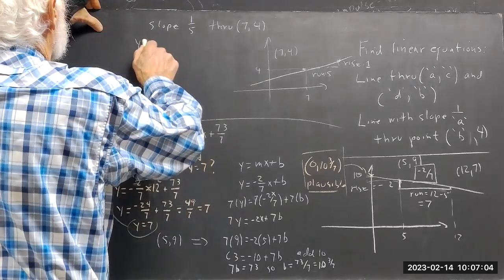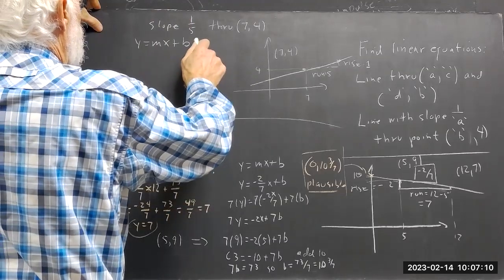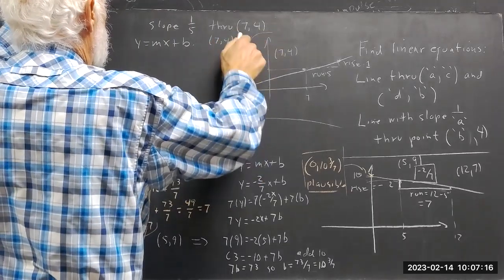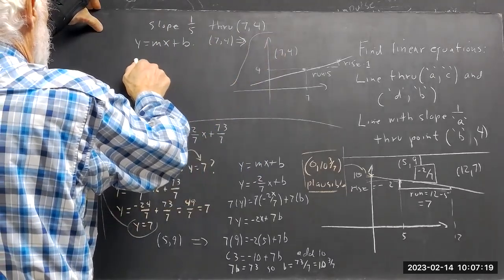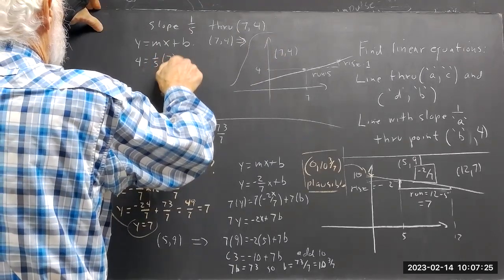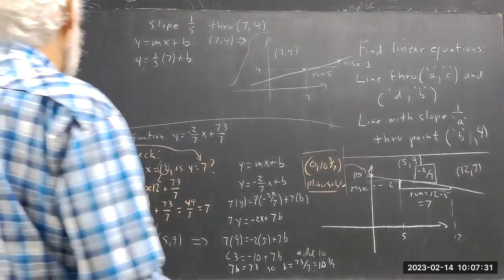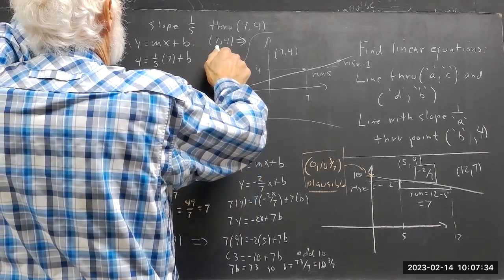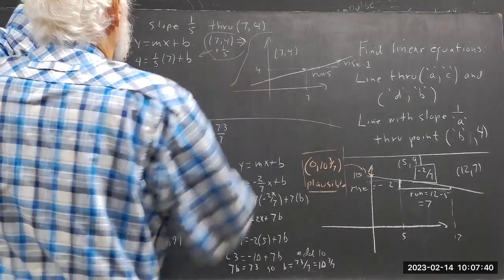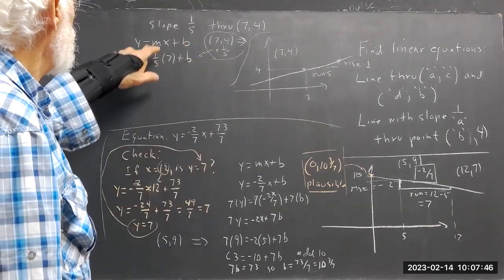So now what do we do? Well, we say y equals mx plus b. The point 7, 4 leads us to the conclusion that 4 equals 1/5 times 7 plus b. In other words, I plug in 4 for y, 7 for x, and 1/5 for the slope.